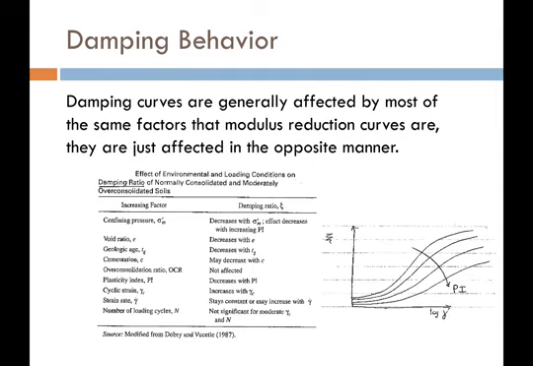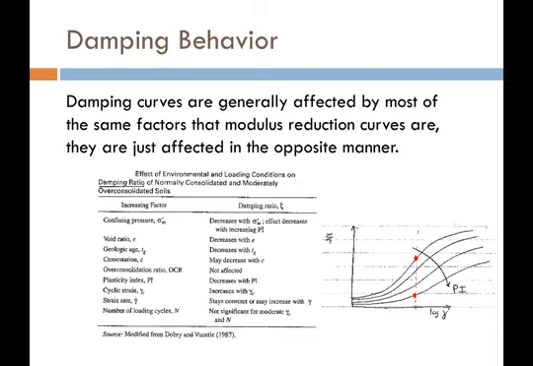If we look at the behavior of damping curves, they pretty much follow the same rules as modulus reduction curves, only opposite. For instance, if I look at plasticity index for a given cyclic shear strain, if I have a low plasticity soil, I'm going to have a high damping ratio. But if I have a high plasticity soil, I'm going to have a low damping ratio.